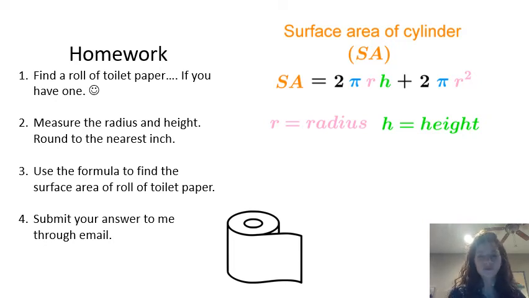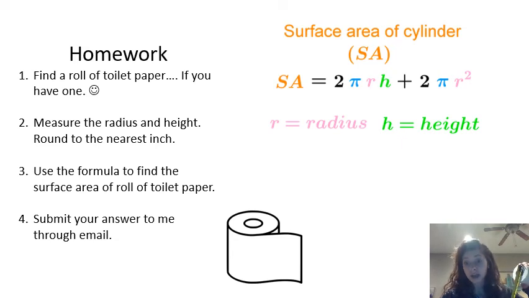But anyway, so first of all, you need to find a roll of toilet paper. We're going to treat it as if it is a cylinder, as if it is closed, okay? It's not going to affect any of our measurements. Then you're going to measure the radius and the height. Now, I have my tape measure here. I don't have a ruler. When we measure the radius, well, first of all, if we measure all the way across, I would round this to 3 inches.